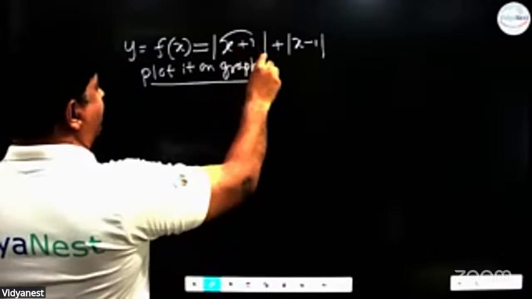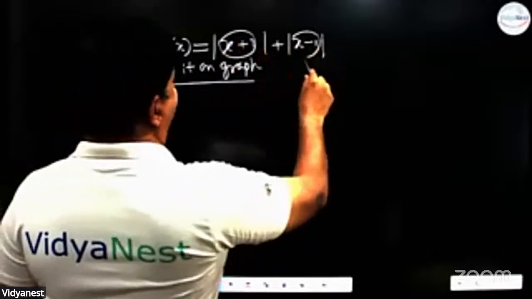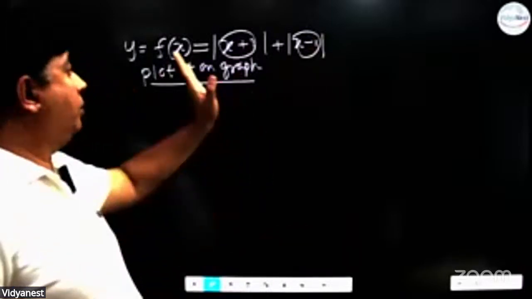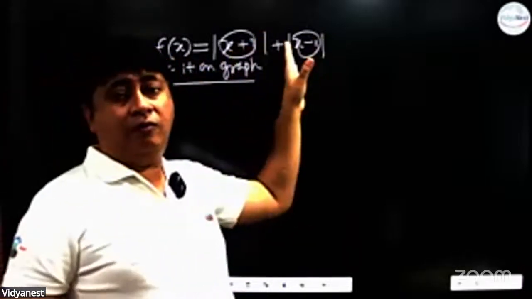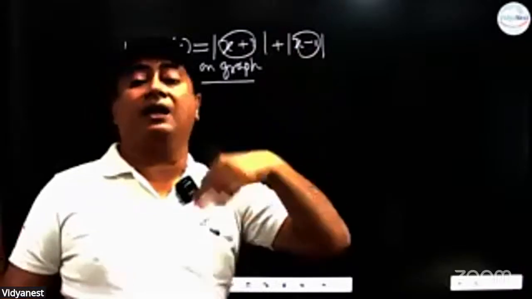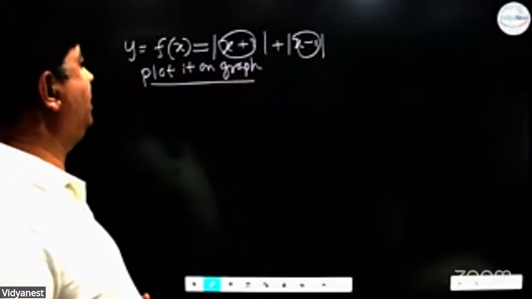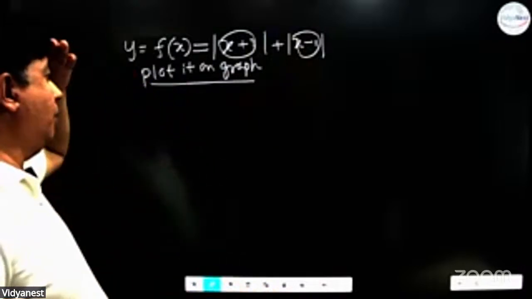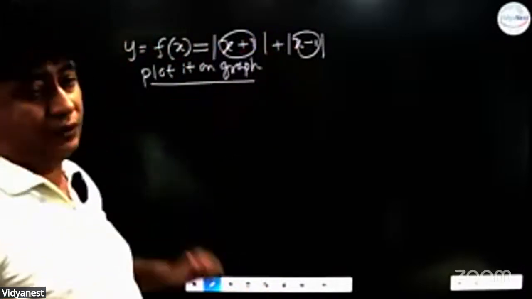One is x plus 1, x minus 1. Now, out of these two, which variable seems to you bigger? Obviously, x plus 1. And which is smaller? x minus 1. So, you have to compare this.